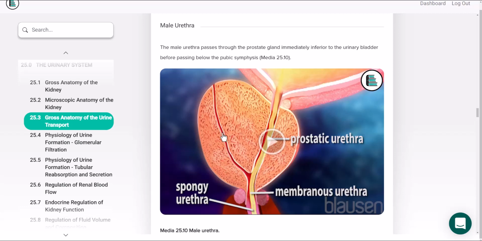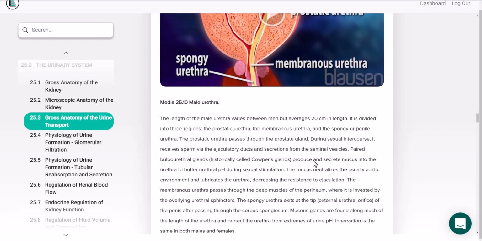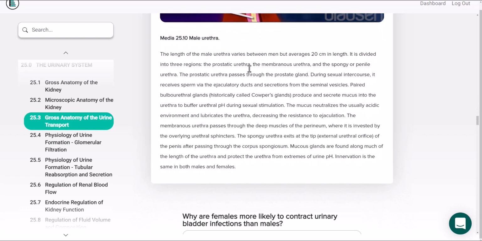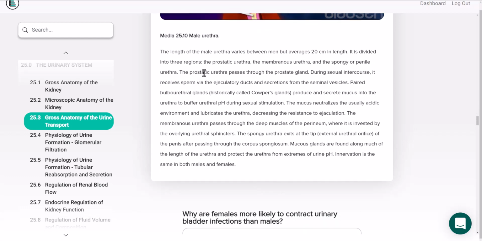This is the ejaculatory duct, and this is the passageway through which sperm and seminal fluids will pass and join into the urethra upon ejaculation. We'll talk more about that in the reproductive unit, but you can read about it here, and we'll pick up that story in the male reproductive unit.